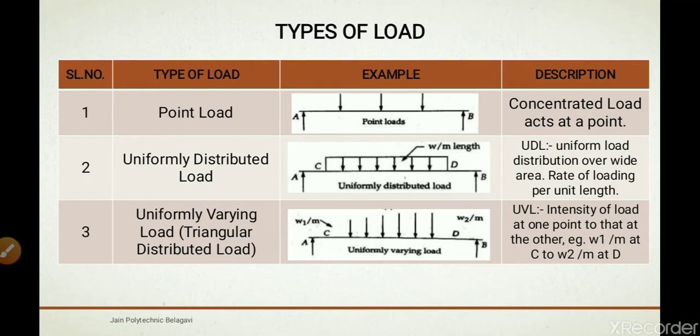Further, there are n number of different types of combinations of loads, UDL plus point loads, UVL. All three combinations of loads will be acting in some of the actual loadings.